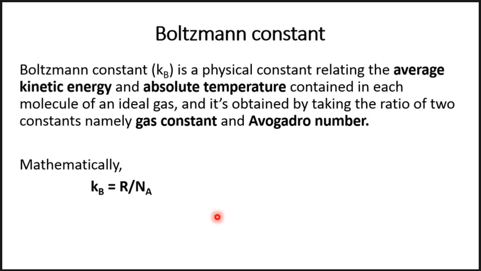The Boltzmann constant has a constant value as well, and that value is 1.38 times 10 raised to the power minus 23 joules per Kelvin. You need to know it. At times, it is provided at the back of the first page of your question paper, either for paper 1 or paper 2.